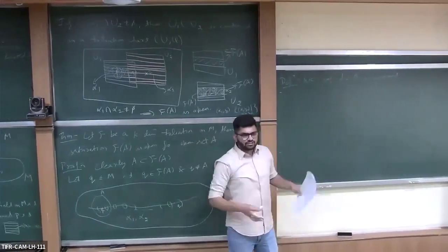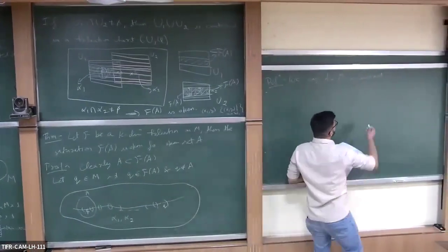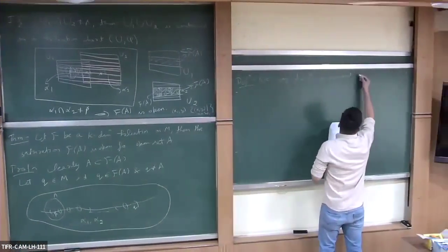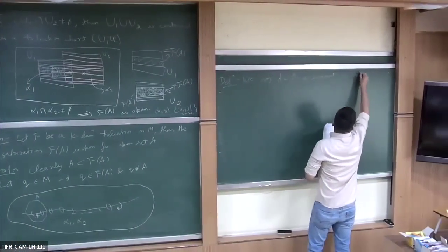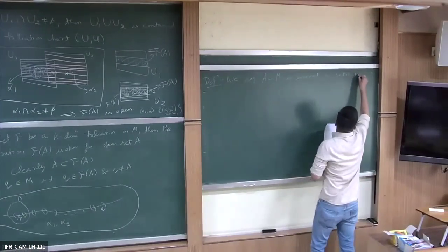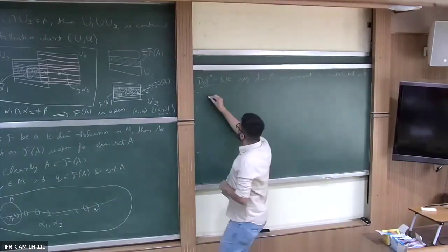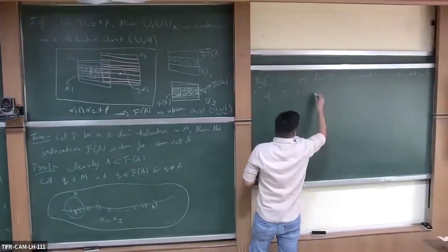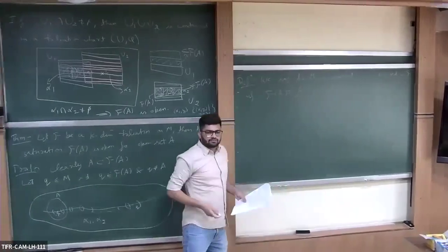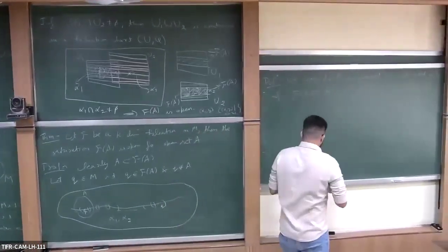Then I'm calling a subset A of a manifold invariant under T, under the foliation, invariant or saturated, if the saturation of the set is the set, if it's already saturated.